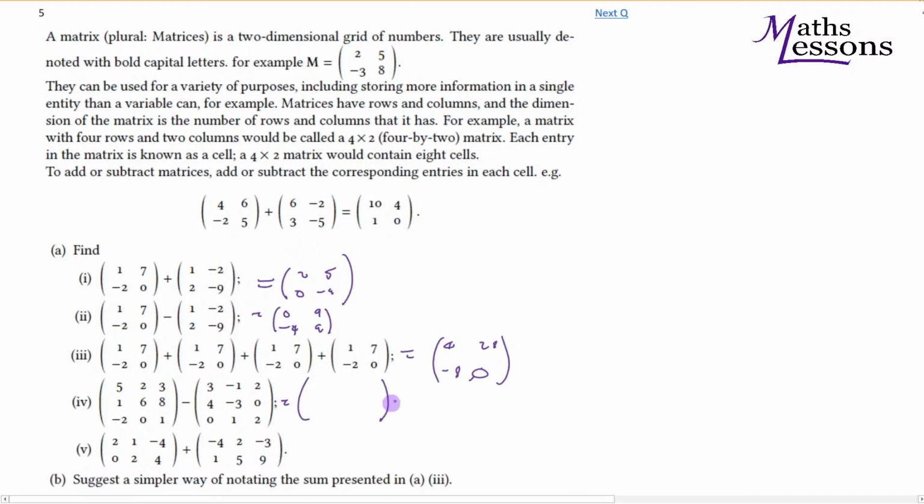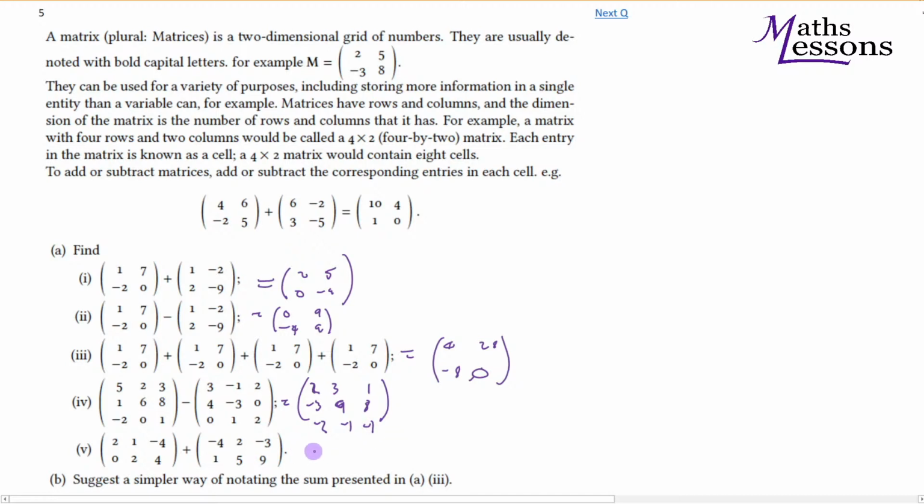Doing this matrix, we add these up, I take them away, we get 2, 3, 2. What we've got there, 1. Minus 3, 9, 8 plus minus 0 is 8. Weird looking 9, isn't it? Minus 2, minus 1, and minus 1.